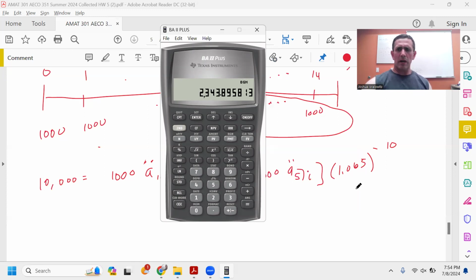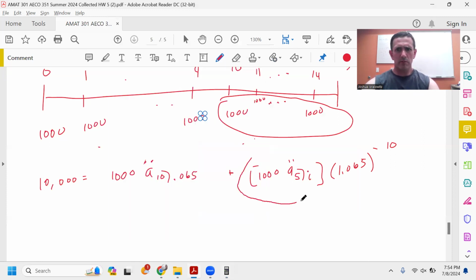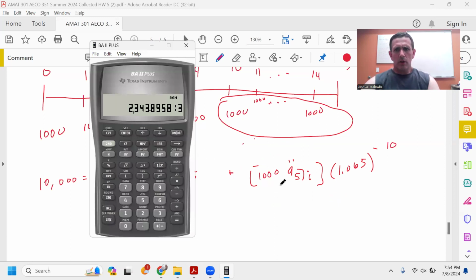I'm going to bring this to the left-hand side, so just leave the minus here and add 10,000. And I'm going to multiply both sides by 1.065 to the 10th to isolate what I just circled.